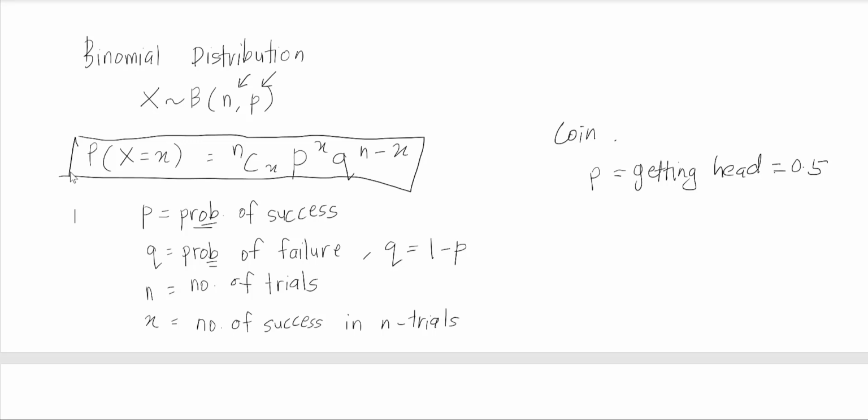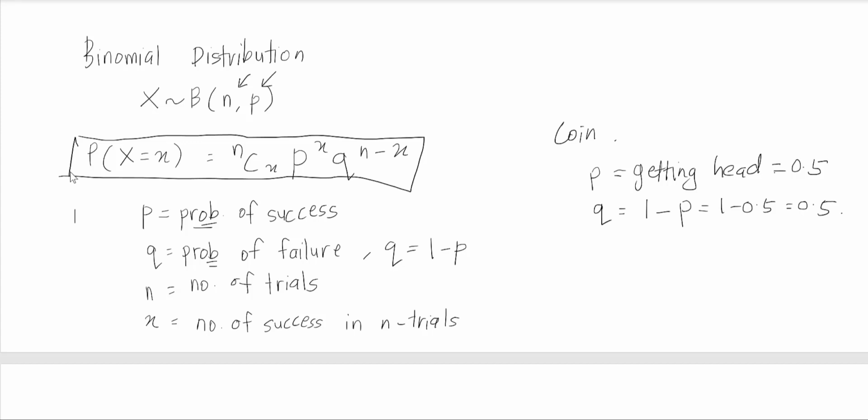Then we have your Q. If your P, success, is getting heads, that means your Q is getting tails, which is equal to 1 minus P. That means 1 minus 0.5, then you get 0.5.